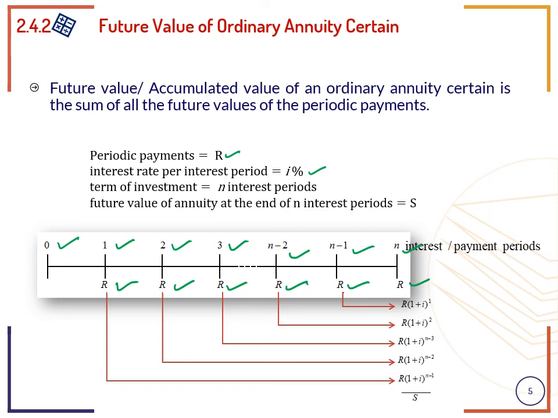Future value of annuity at the end of an interest period is denoted as S. According to the definition, future value of annuity is the sum of all the future values of the periodic payments. The formula of S is simplified on the next slide.